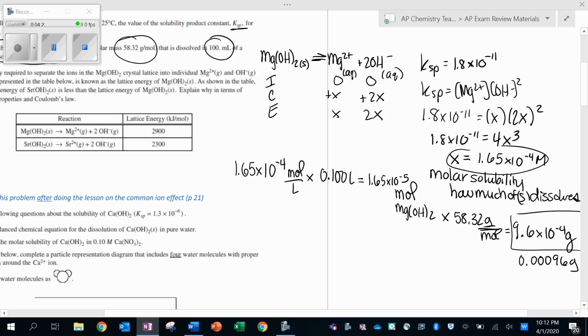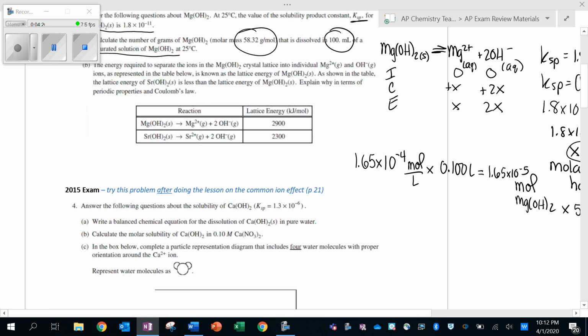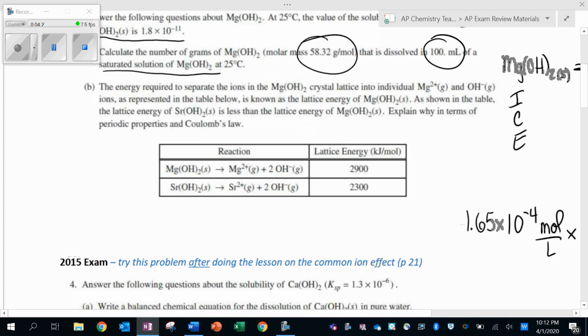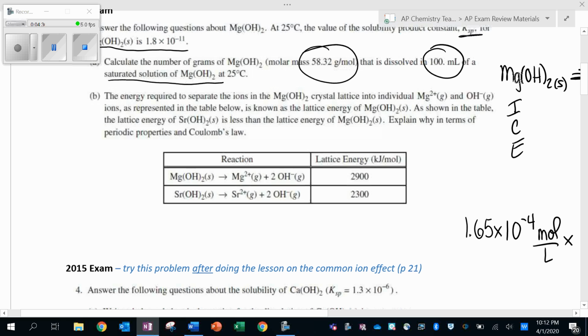Okay, part B is not an equilibrium problem. It relates back to lattice energy. We're going to compare the lattice energy of magnesium hydroxide and strontium hydroxide. They're both ionic compounds, and the lattice energy has to do with the attraction between the ions in that lattice.